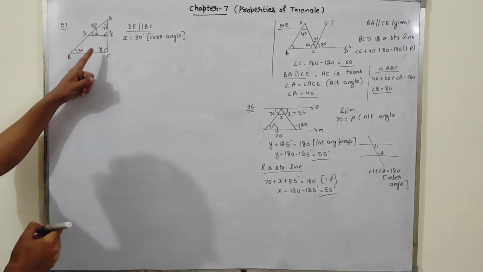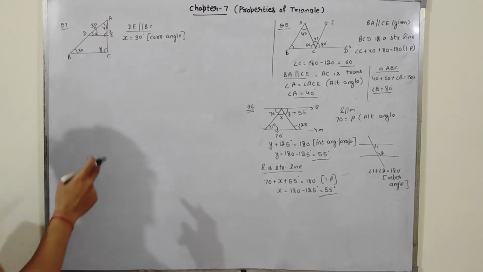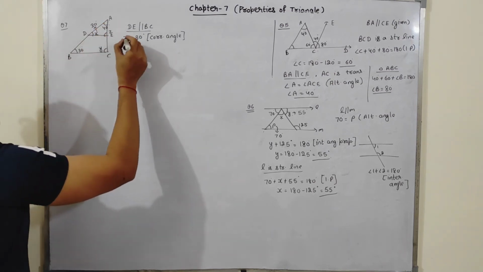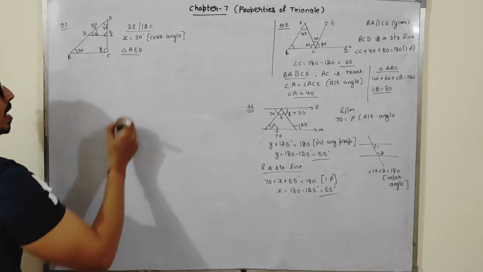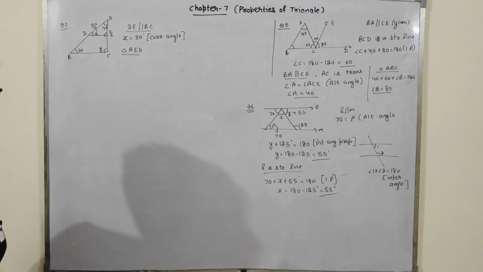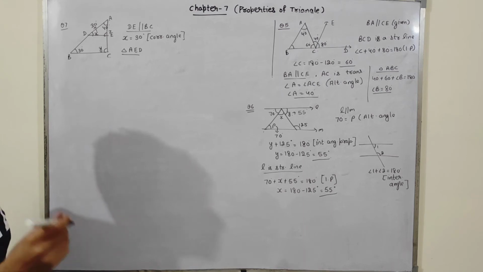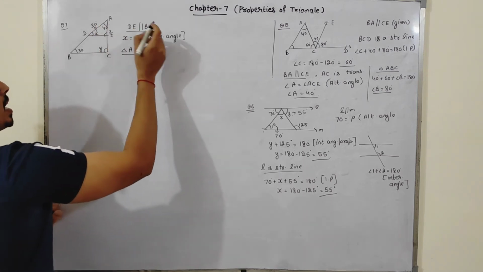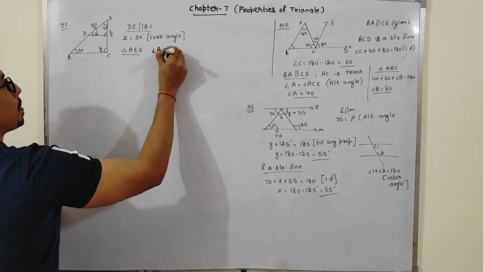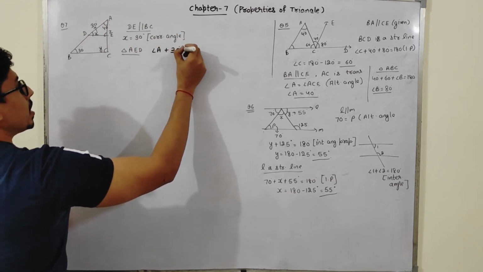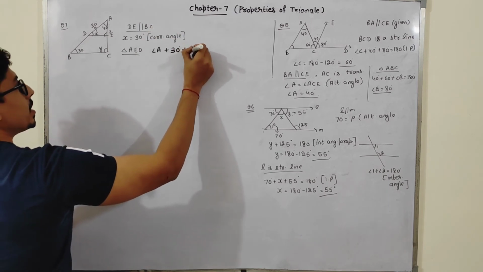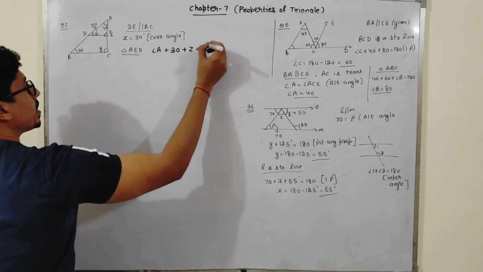Now students, I can find out the value of Z. How can I find out? Take triangle AED. The sum of the angles of the triangle is 180 degree. We know this property. By which property, students? Angle sum property. So angle A plus angle D, that is angle X, that is 30 degree, plus this angle Z is equal to 180 degree.